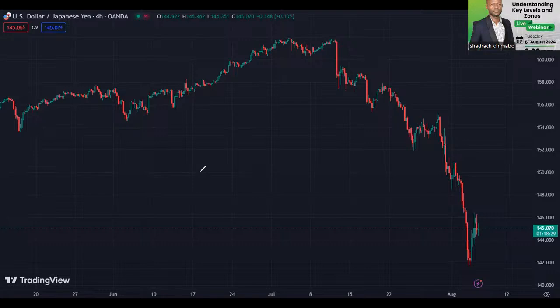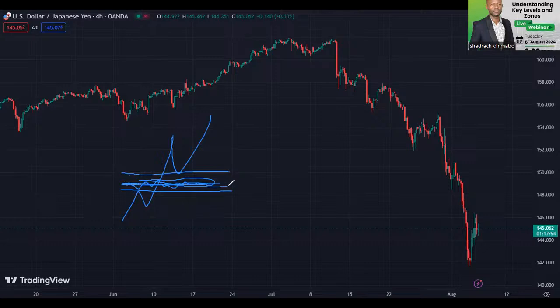What I mean by key levels is a case where you identify a zone, let's say this is the zone, and this zone has been tested as a resistance and then as a support. This is my own concept of a key level, and that's what I look at as a key level.